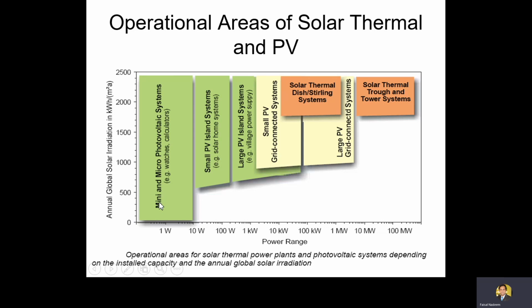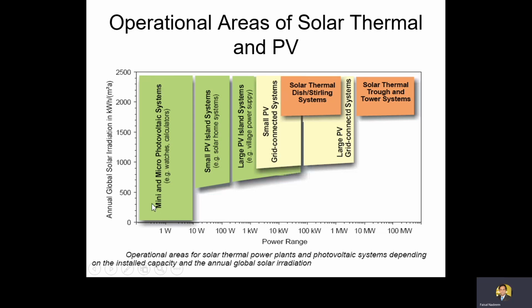observe that, first of all, the operational range of solar photovoltaic, that is mini and micro photovoltaic systems, is from 0 to 10 watt, and they can be operated on any irradiance level from around 0 to 2400 kilowatt hour per meter square, or around 2500 kilowatt hour per meter square.